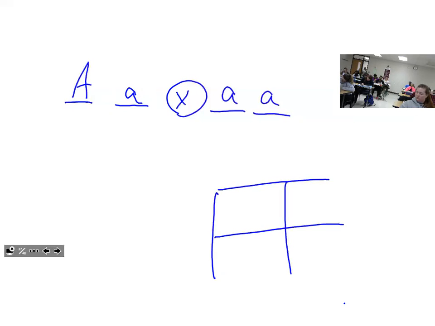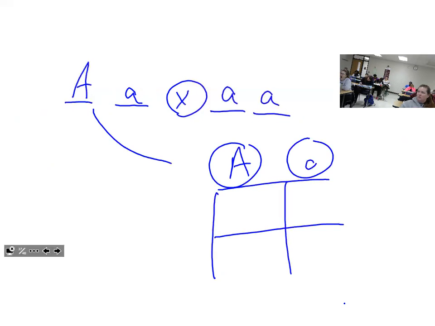So if this is the mom, do moms get to send both of their homologs to an egg, or do they only get to send one of each pair? One of each pair. So we said the mom could either send to the egg, this one, or the mom could send what? And the father could send 4 sperm, could send, or what?